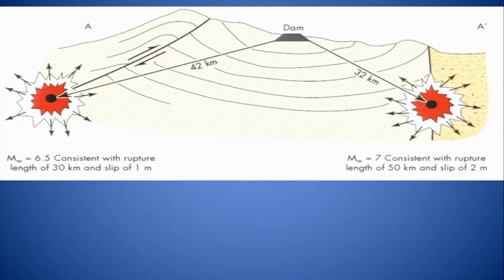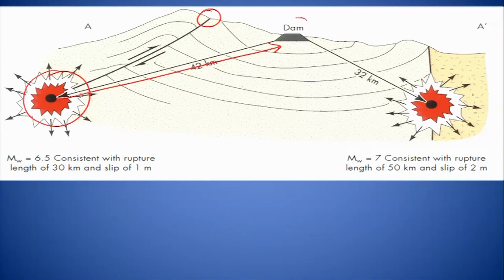So the most important part which we would like to understand is where the source of the earthquake is: one is the fault where it is exposed on the surface, and second is at what depth the earthquake will occur and how far we are sitting from the earthquake.